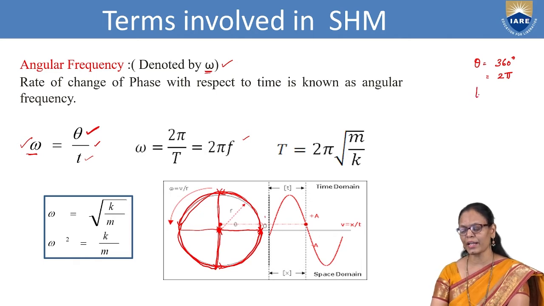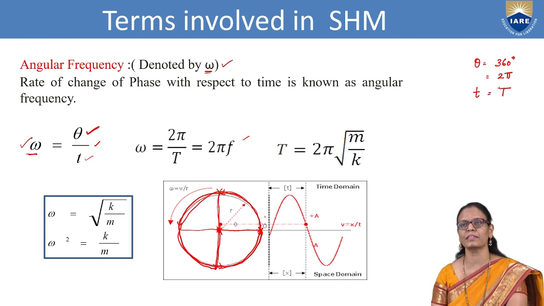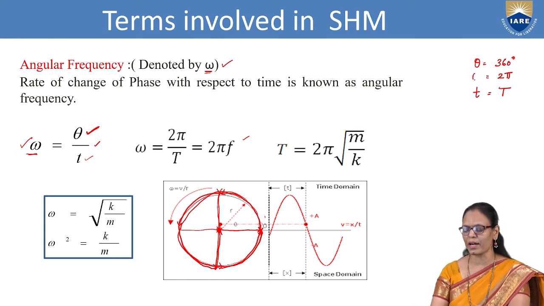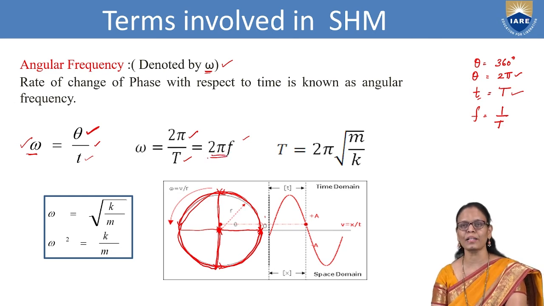And the time taken for one complete rotation, we are calling it as time period T. So, for theta, we put 2 pi and for t, we put capital T. So, omega is equal to 2 pi upon capital T. And we also know that f is equal to 1 upon T. So, in place of 1 upon T, we can put f. So, we can also write it as 2 pi f.